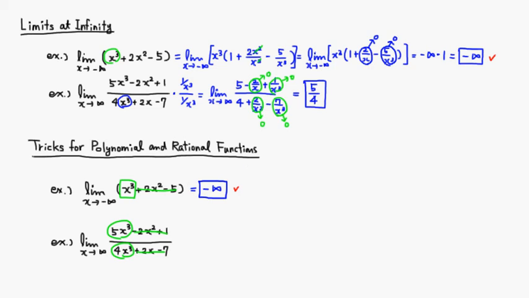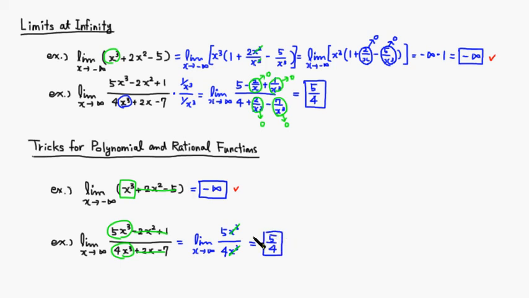Then take the limit as x approaches infinity. 5x cubed is the leading term on top, and 4x cubed is the leading term on the bottom. The x cubed on top and bottom cancel out. The limit of the constant 5/4 is always the same constant, so 5/4 is the limit.